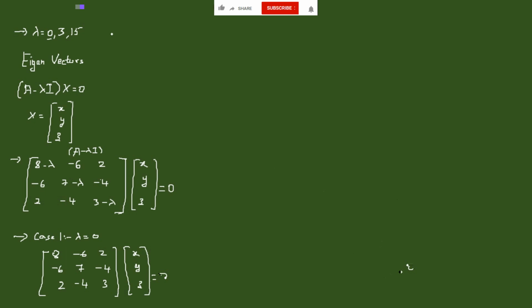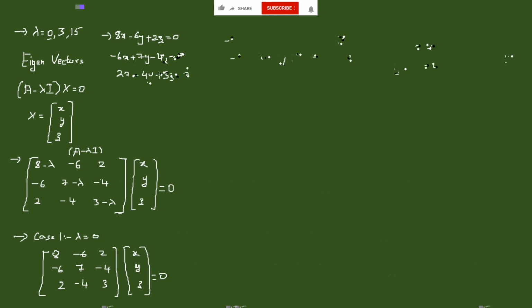If you want to write it in the form of equations: 8x minus 6y plus 2z is equal to 0, minus 6x plus 7y minus 4z is equal to 0, and 2x minus 4y plus 3z is equal to 0. Now we have to solve these three equations to get the values of x, y and z.